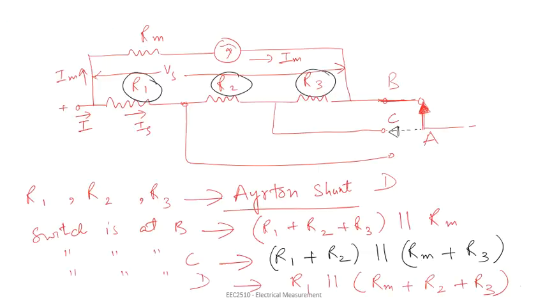Let us start solving this problem. First of all, note down whatever is given in the problem. So R1 is given as 0.05 ohm. I am not drawing the circuit here because it is already drawn in the previous slide. You can just draw it again.